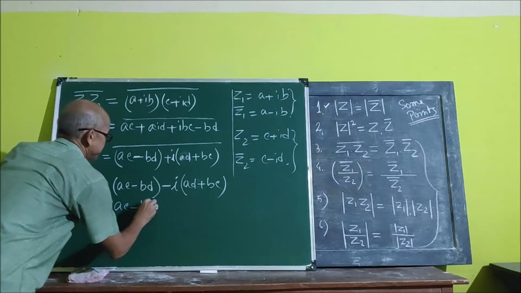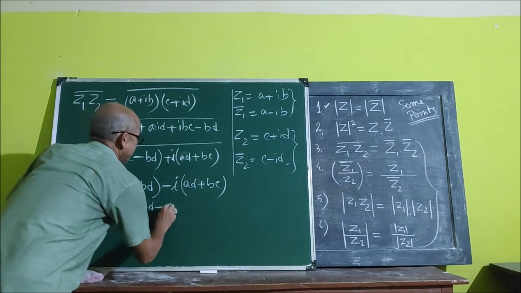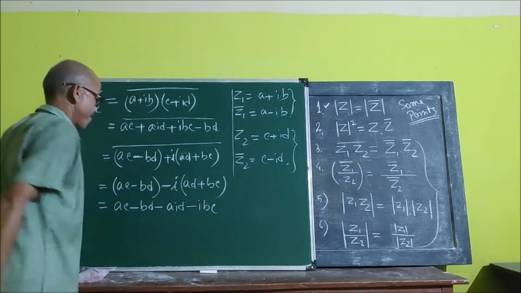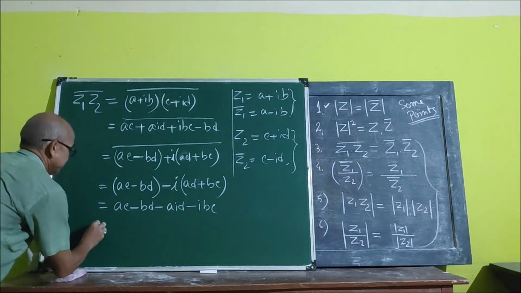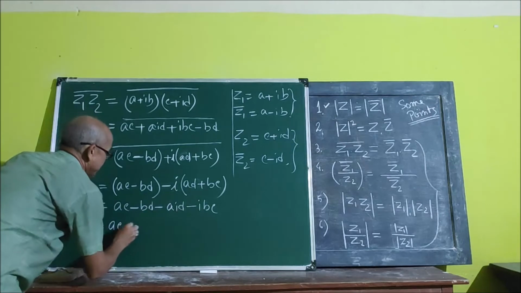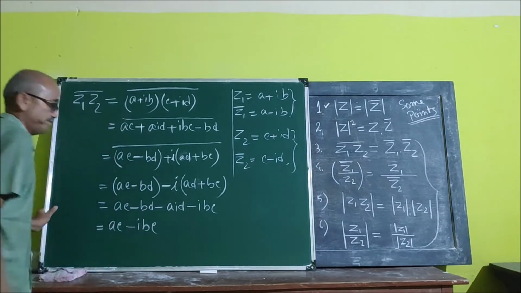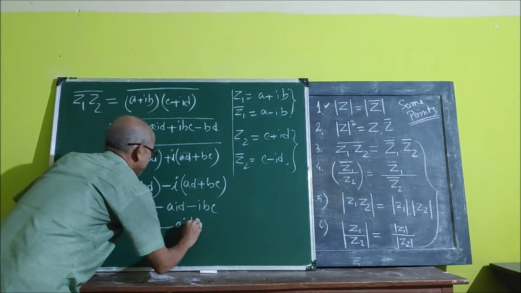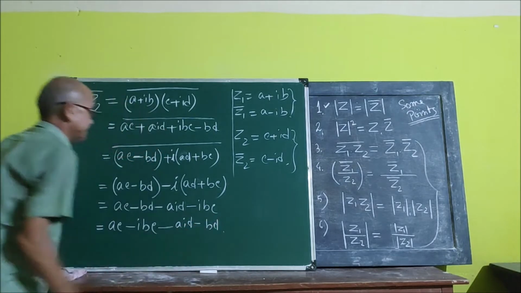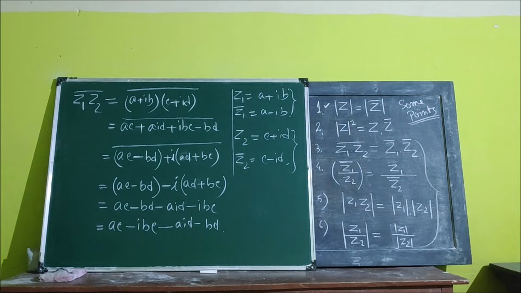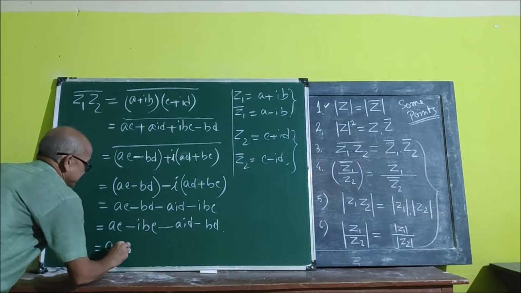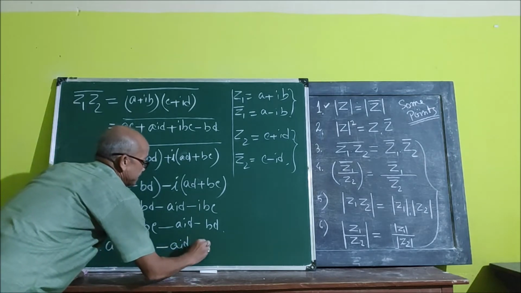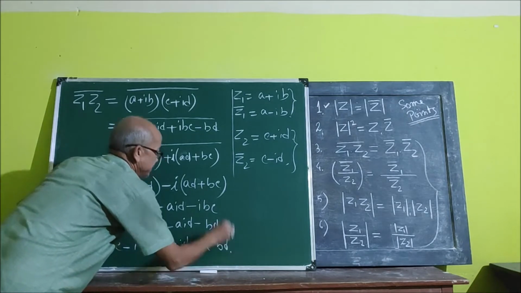Next, ac minus bd minus iad minus ibc. Now arrange it: ac minus ibc minus iad plus i square bd.